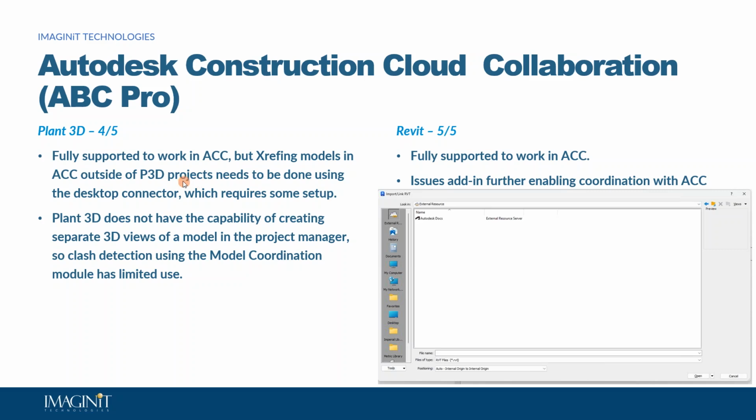But if you want to XREF a DWG from outside your Plant 3D project, then you need to use the Desktop Connector. Plant 3D does not have the capability of creating separate 3D views of a model in the project manager. Clash detection using the Model Coordination module, one of the modules that comes with BIM Collaborate Pro, has limited use.